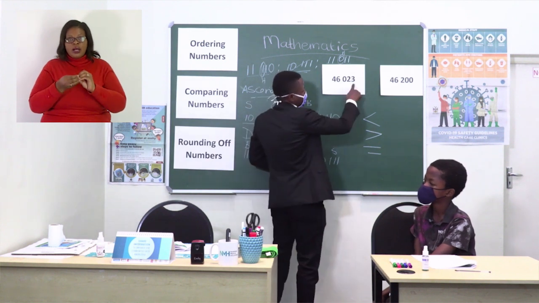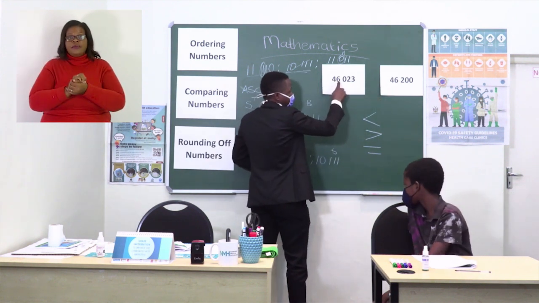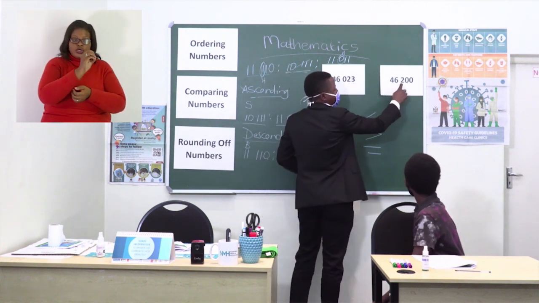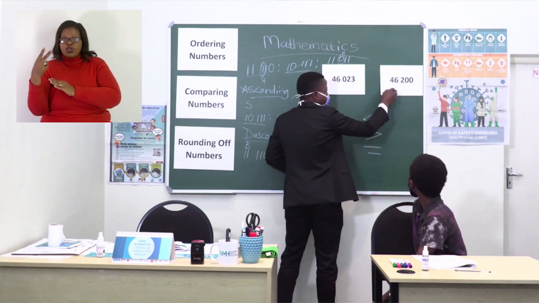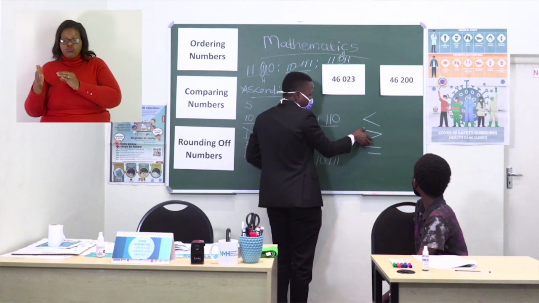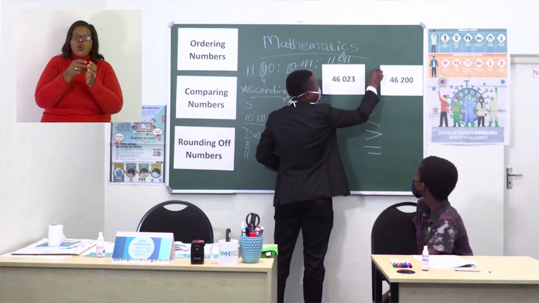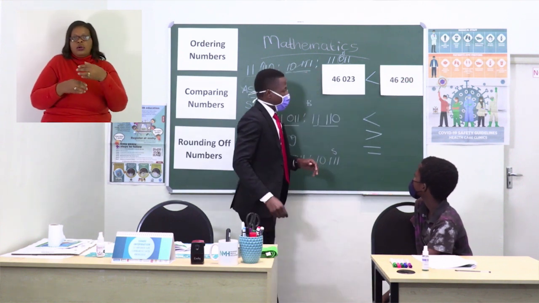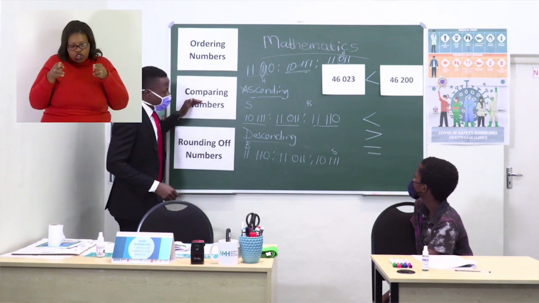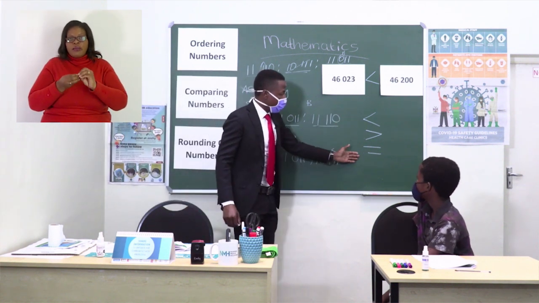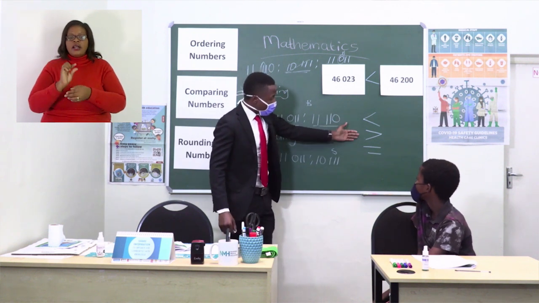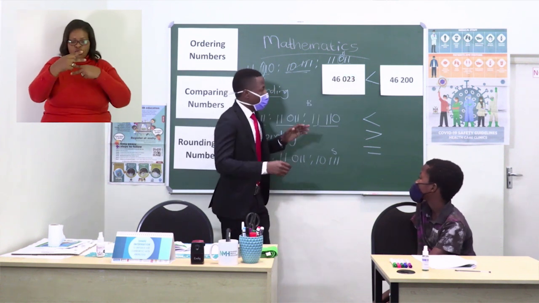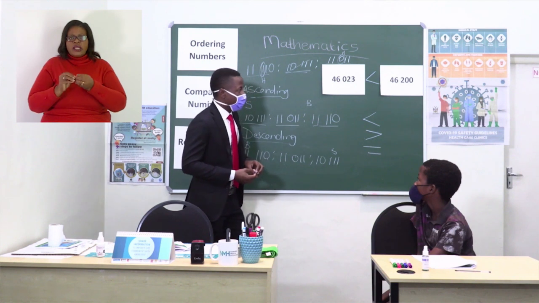So if you look at these numbers, 46,000 and 46,000, and I have 23, but here I have 200, meaning this is bigger than this. So the crocodile here will obviously go and eat the number which is big. So in short, comparing numbers, we use the relationship signs, smaller than, greater than, and equal to, to see which number is bigger than the other.